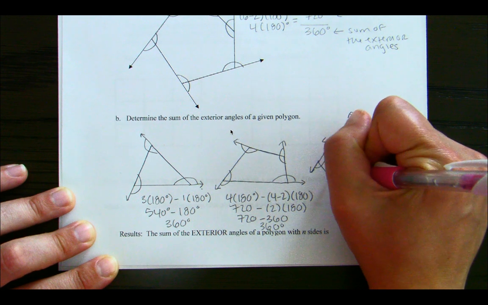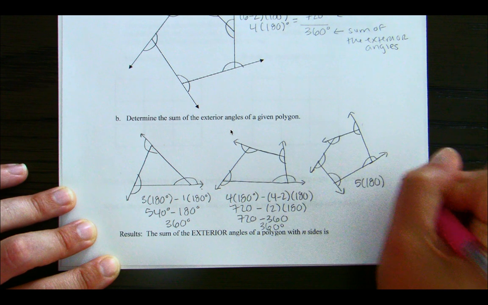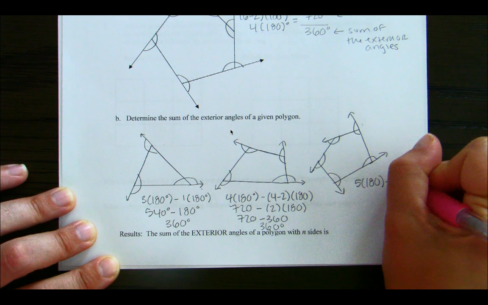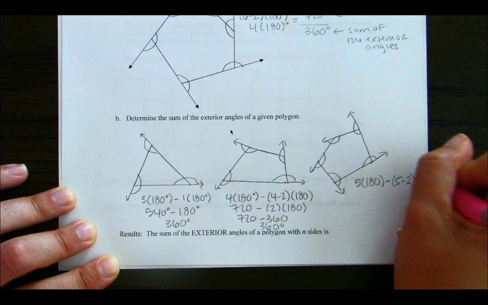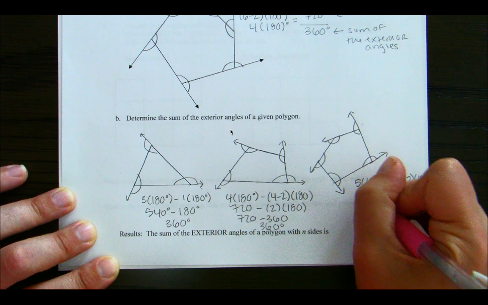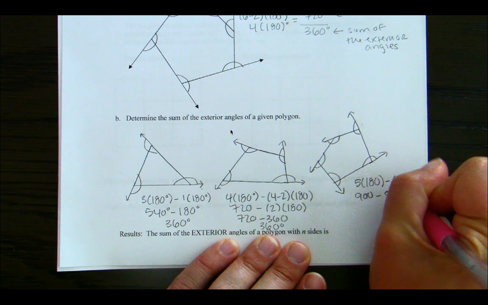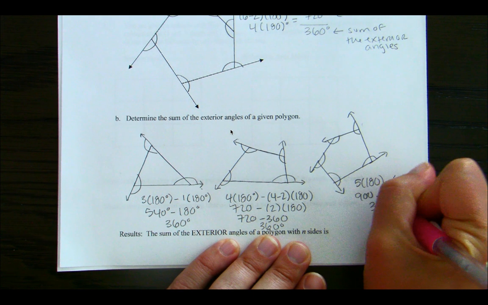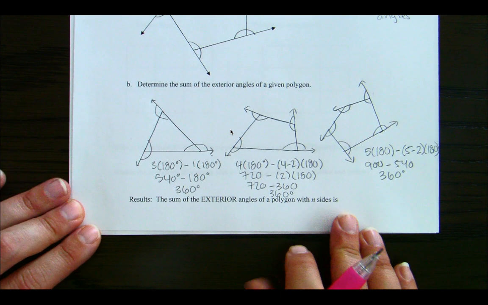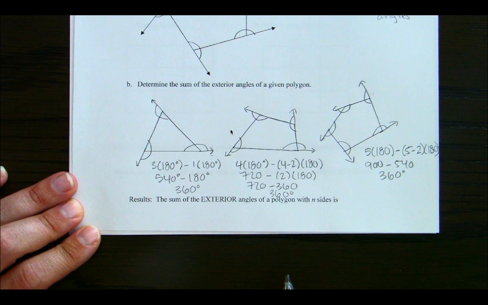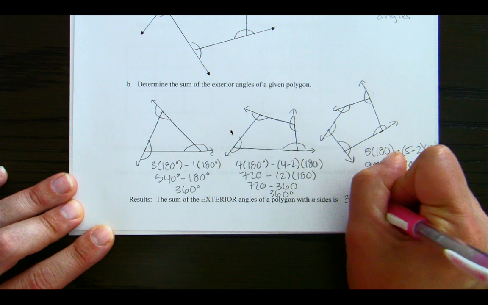From those 5 lines, if I subtract my interior angles again, we end up with 900 minus 540, which is 360. So what we can conclude is that the sum of exterior angles of a polygon with n sides is always 360.